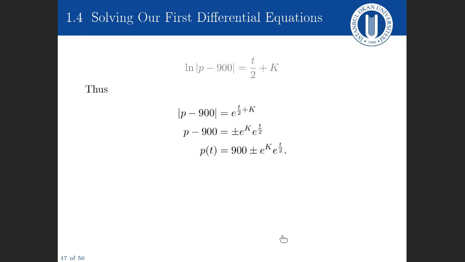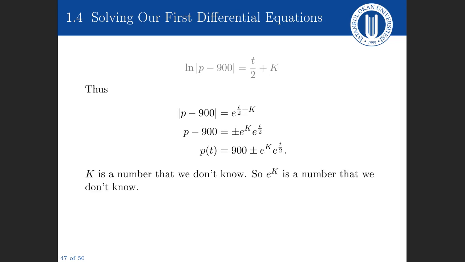Now we can simplify this a little bit further. k is a constant. k is a number that we don't know. So what is e to the power k? e to the power k is some number that we don't know. So plus or minus e to the power k is some number that we don't know. We can use a different notation for this.